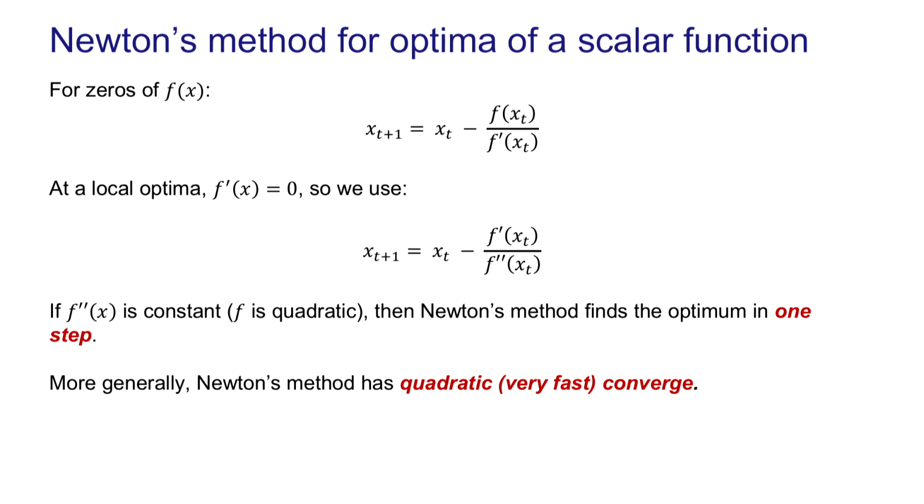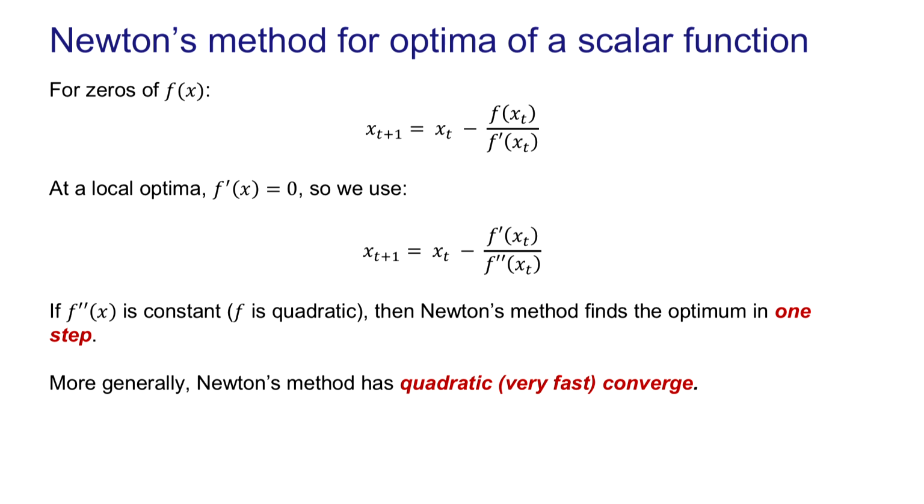The inverse curvature is an estimate of how far you want to move to change the gradient from that value to 0. Because it's based on zeroing out curvature, if you have a function f that's already quadratic, it goes immediately to the optimum, or at least to a stationary point.